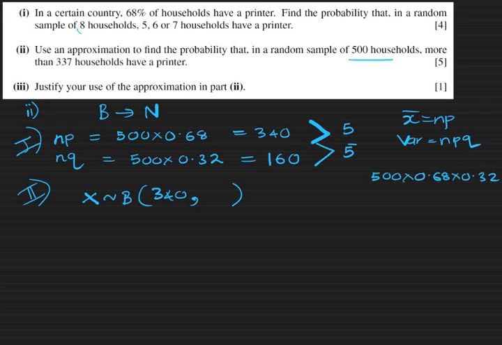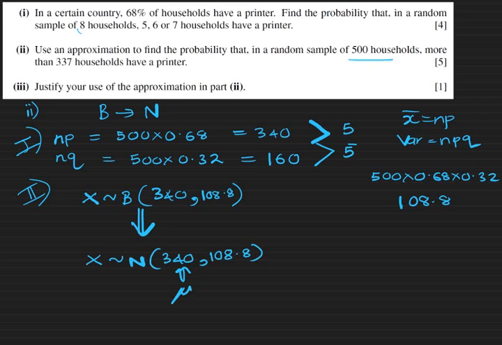Let's type the value and see. So we get 108.8. So this binomial distribution has mean 340 and variance 108.8. This approximation is now possible because the values are greater than 5. It is the same as a normal distribution with the same values, but for the normal distribution this value is the mean mu and this is sigma squared.